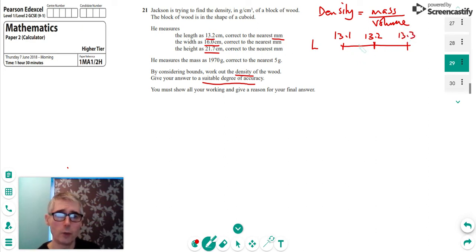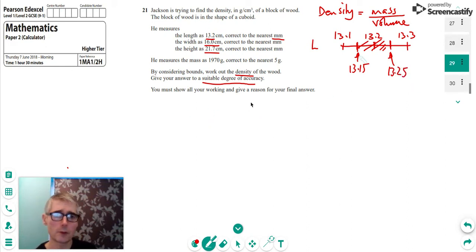When it's rounded to 13.2, it means the true value lies anywhere in the range halfway between 13.1 and 13.2 and halfway between 13.2 and 13.3. So the true value lies anywhere in that range, where that value would be 13.15, which is our lower bound, and that value would be 13.25, which is our upper bound.